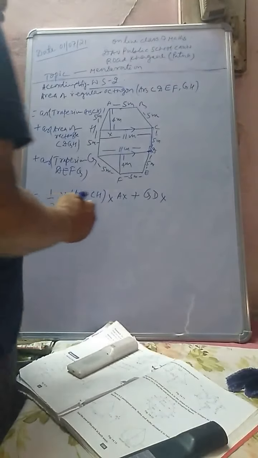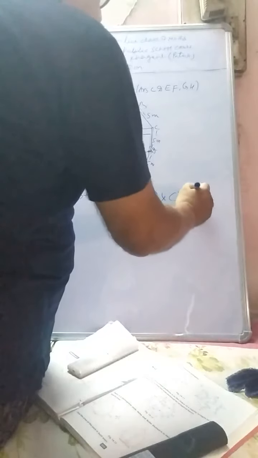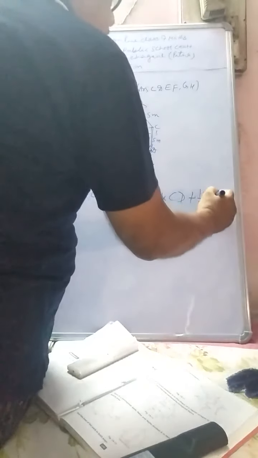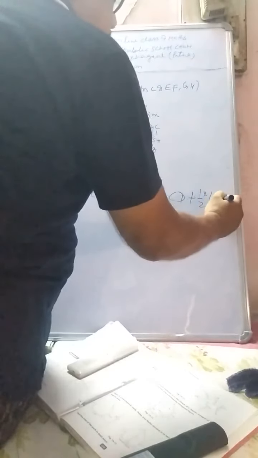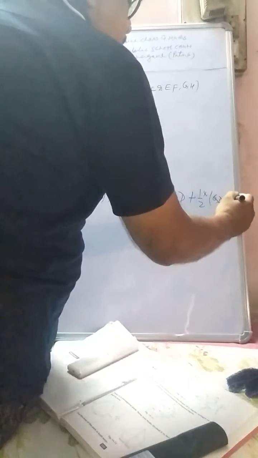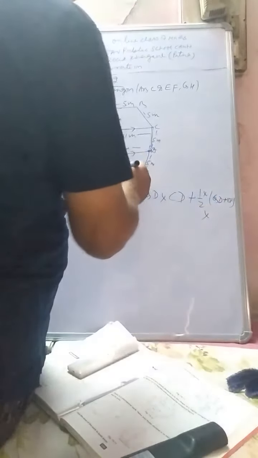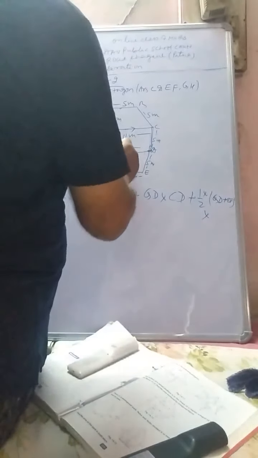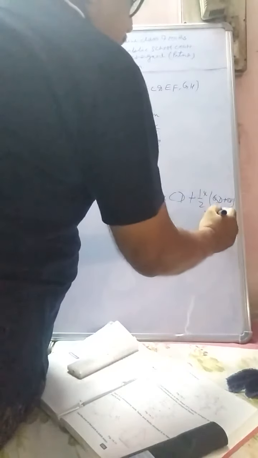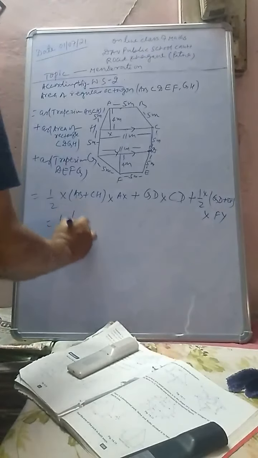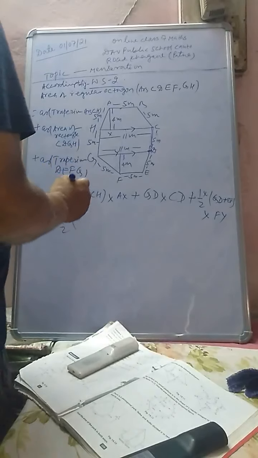This GD into CD plus 1 by 2 into sum of the parallel sides GD plus EF into height FY.